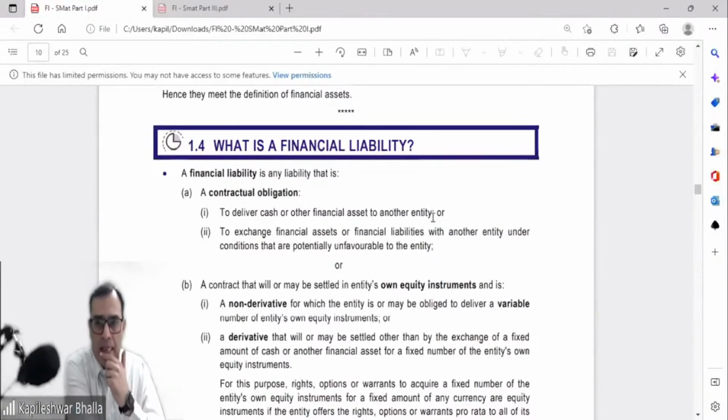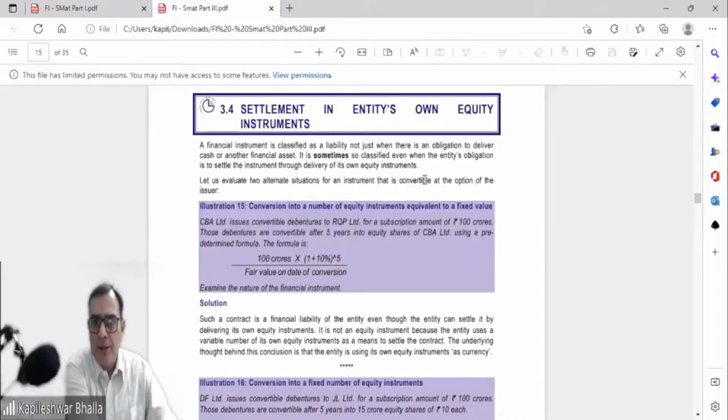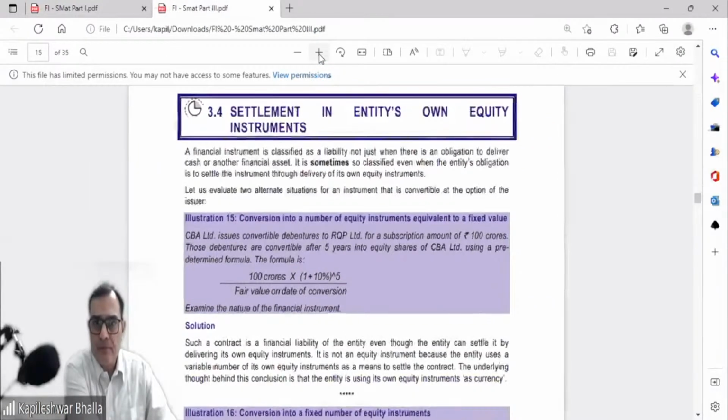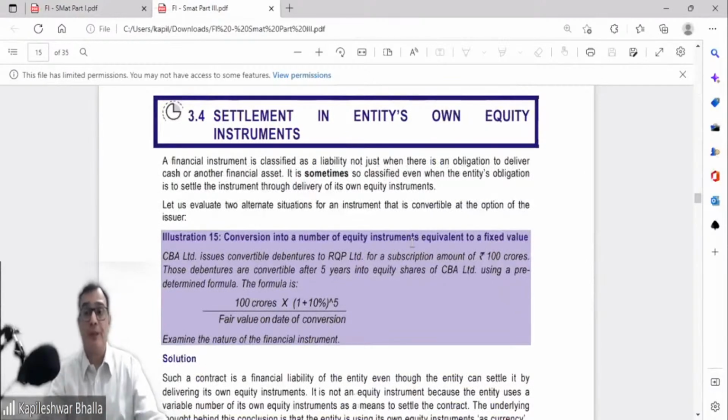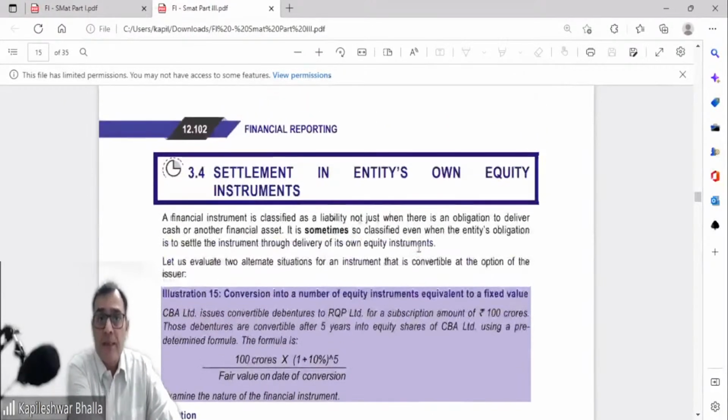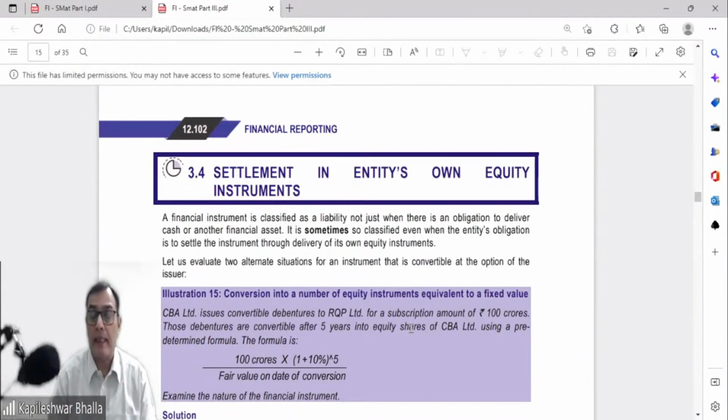I am taking you to unit number 3, page 12.102, and that is illustration number 15. This is the latest material on the website of the Institute.